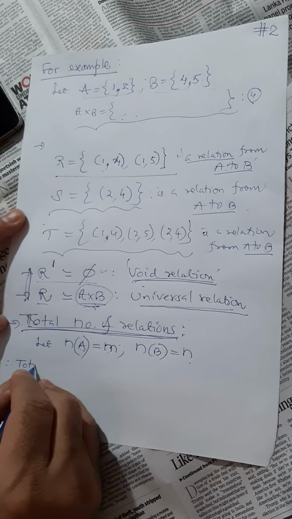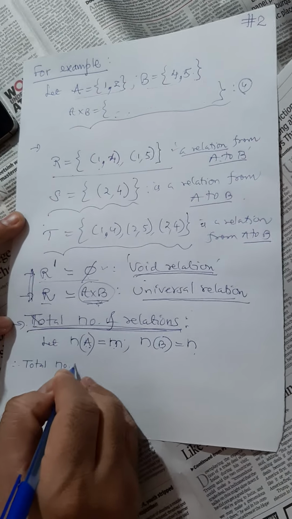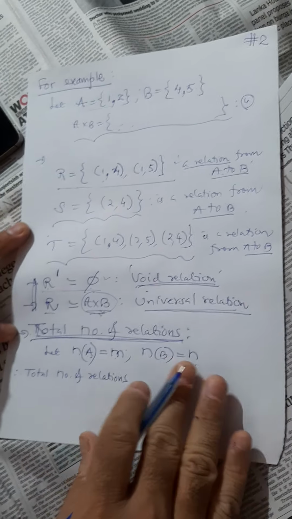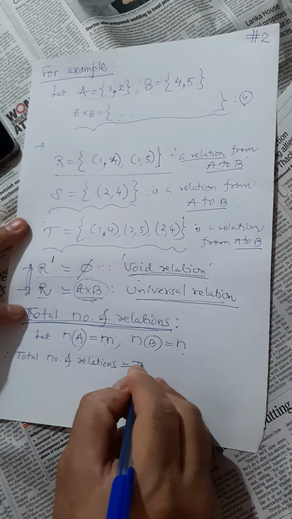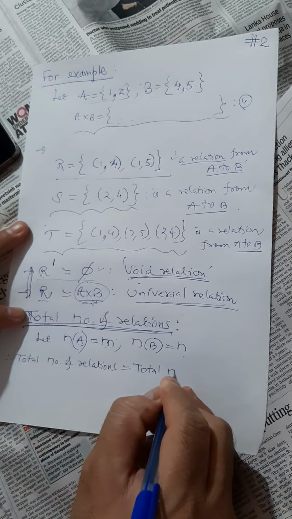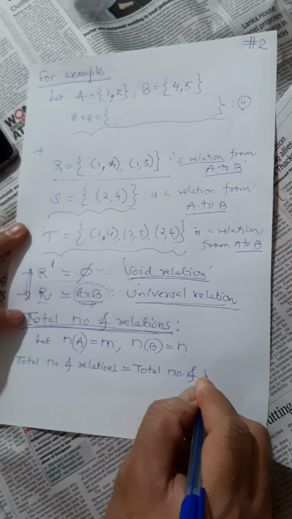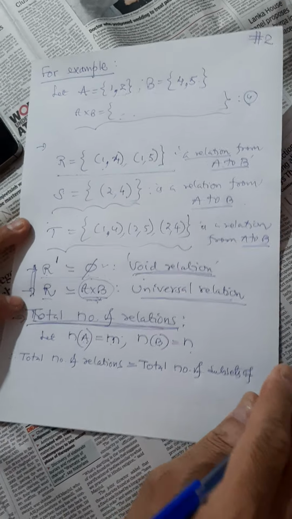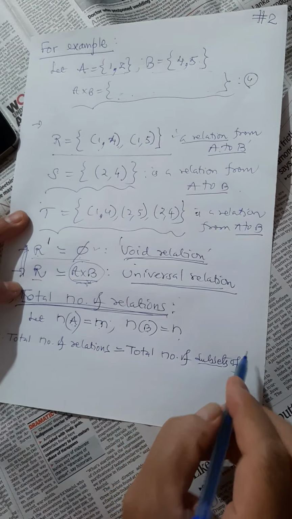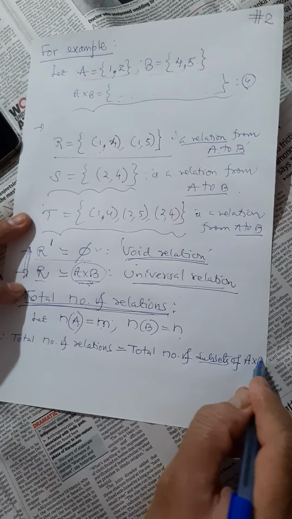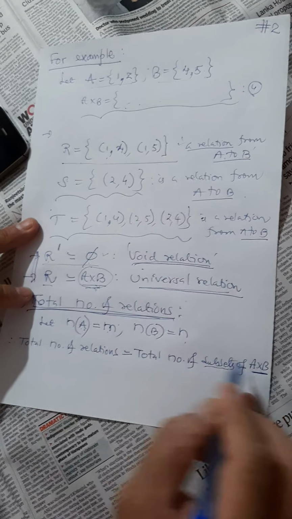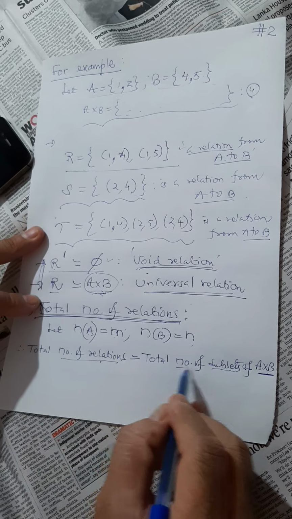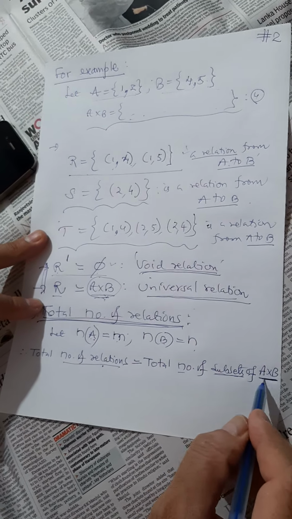So the total number of relations equals the total number of subsets of A cross B. Any subset of A cross B is called a relation. So the total number of relations is the same as the total number of subsets of A cross B.